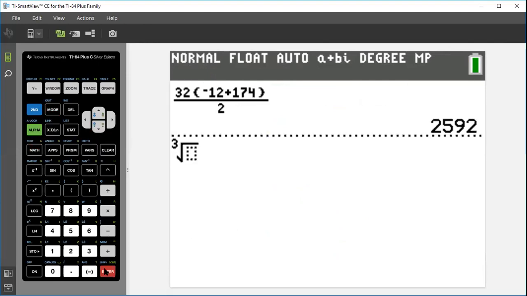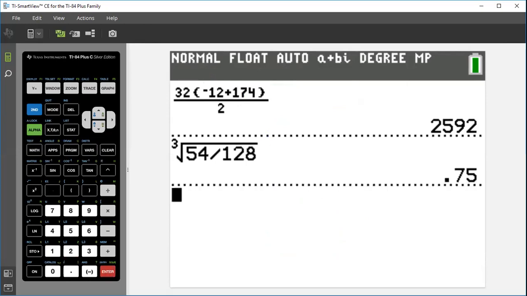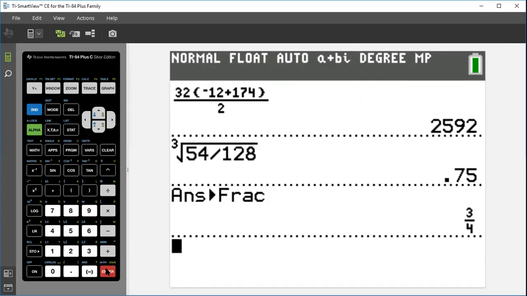So choice 4, and it was what, 54 over 128. Enter. And then, I mean, that decimal would be okay to use. Or if you want, just math enter. Or hopefully you just know that that's 3/4. So ratio here is going to be equal to 3/4.